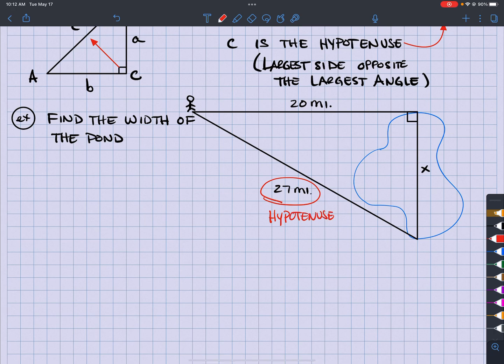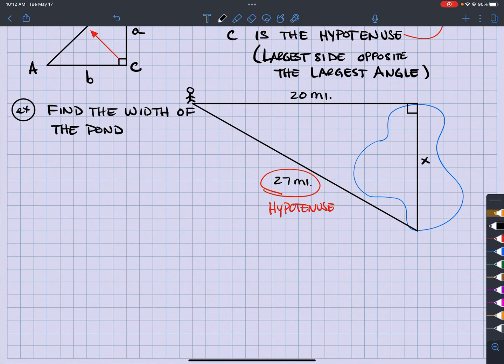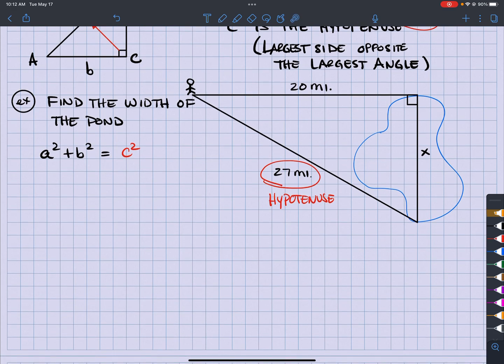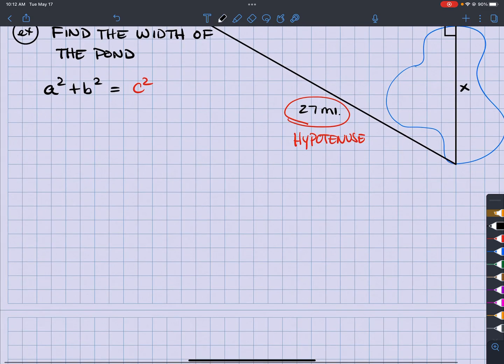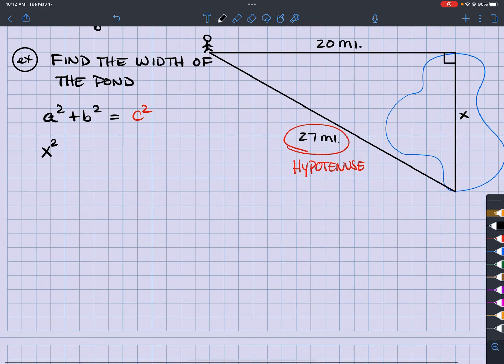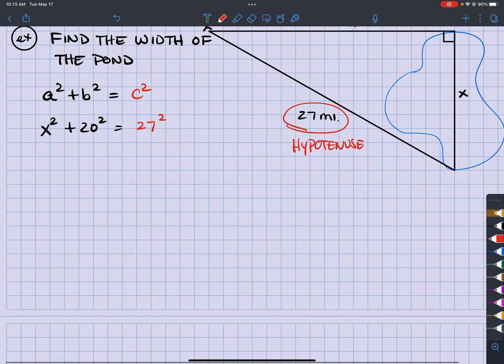So that means if I use the Pythagorean Theorem, it'll be a squared plus b squared is equal to c squared. Does it matter if I call this a or this a? It does not matter, because it's all on the same side and we're adding. So I would tell you to just go with x squared plus 20 squared is equal to 27 squared.